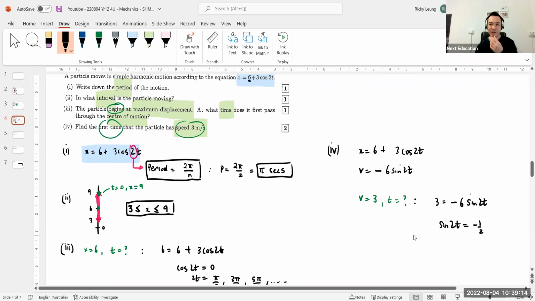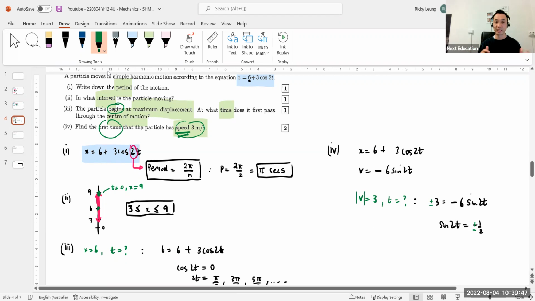Now, just to be clear, the notion of speed: when it doesn't say velocity, it basically says it's positive 3. Speed means it can be positive or negative. So just to cover my base, I'm going to say that the absolute value of v is 3, which means when I solve this, the answer should be plus minus. Just be careful with that.